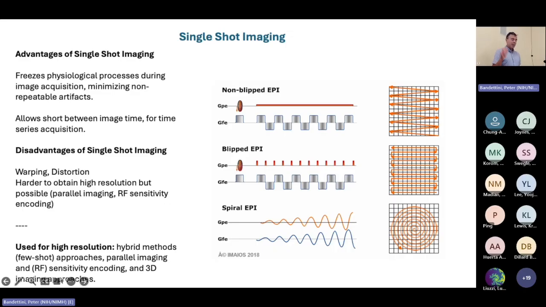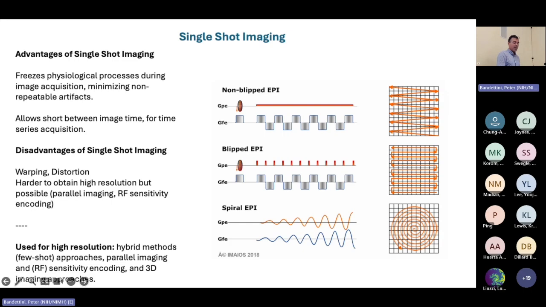You'll hear more about this later, but basically that's where each oscillation of the gradient that you hear in the echo planar readout is essentially a path that goes through K-space. And you fill up this K-space. This is basically the inverse Fourier transform of the image. So you collect your data in this frequency space, and you create an image by taking the inverse Fourier transform of that frequency space into image space. That outputs an image.